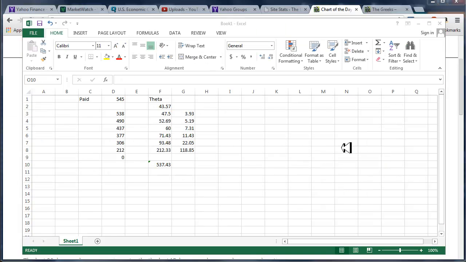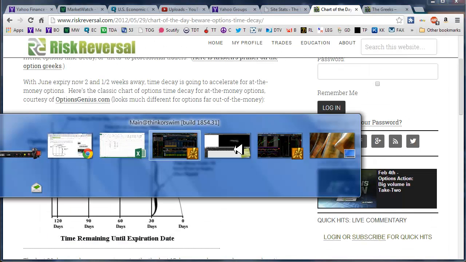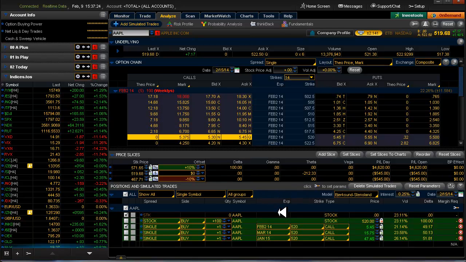Okay, so we definitely want to be net sellers of options. We want positive theta. Let's reset the parameters and take a look at a regular March monthly expiration.